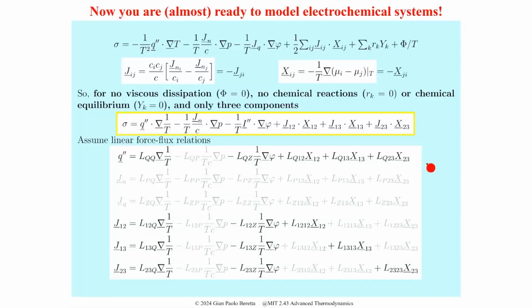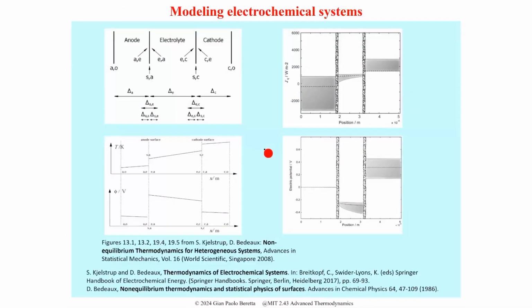The typical models are done this way, with this interdiffusion taking up only the diagonal terms, and often forgetting these other more complicated, or second order maybe, cross effects. But if you are interested in modeling electrochemical systems, then these are the references that you should not overlook.